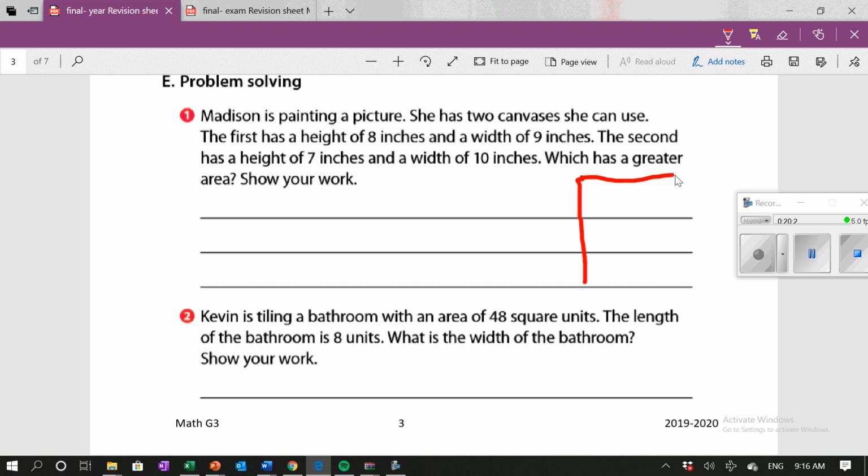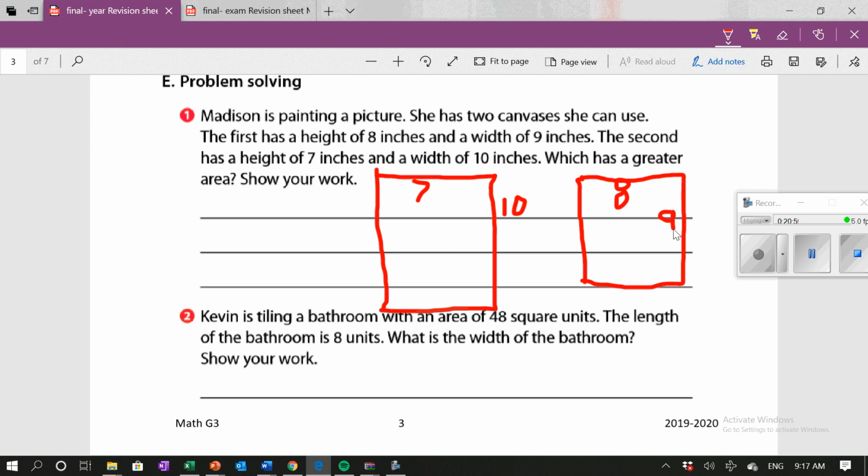Here is 8 and here is 9. The other one is 7 with 10. Here is 7 and here is 10. So here is 7, here is 10, here is 8, and here is 9.